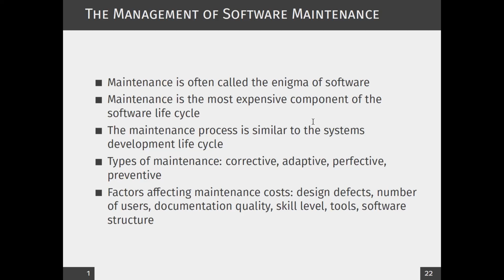There are also different factors affecting maintenance cost, which we'll discuss separately: design defects, the number of users of the software, documentation quality, skill level, tools, and software. So in this section we are going to focus on how the management process happens, the different types of maintenance, and the factors affecting maintenance cost.